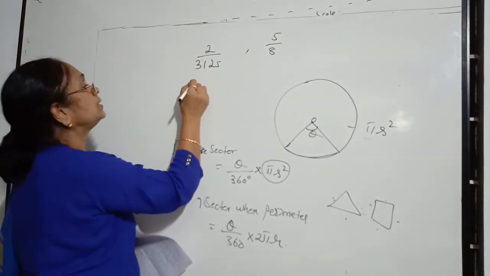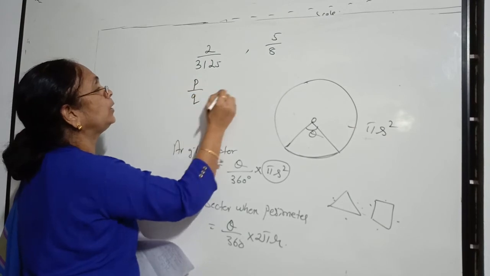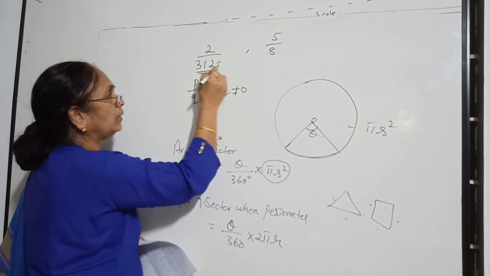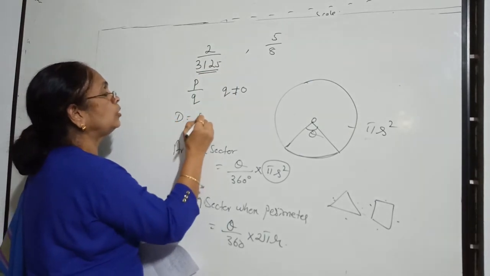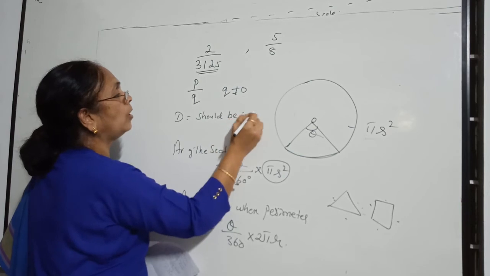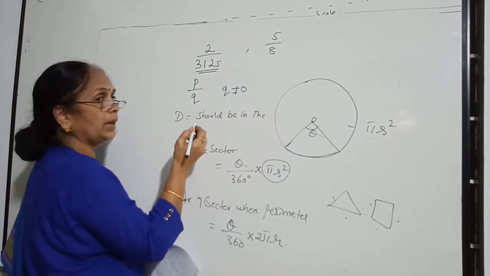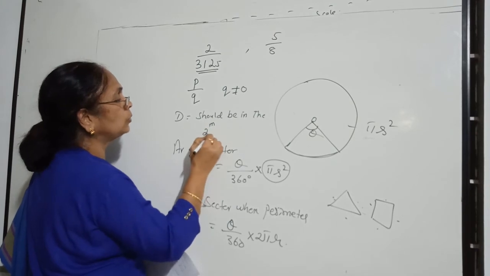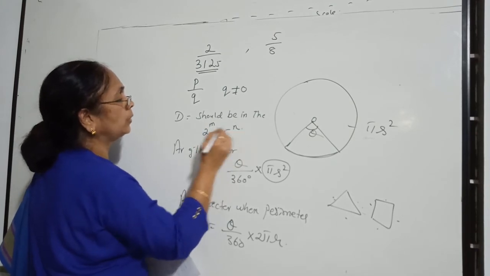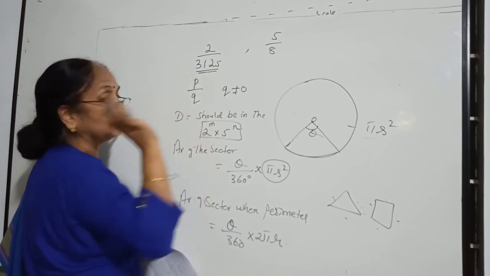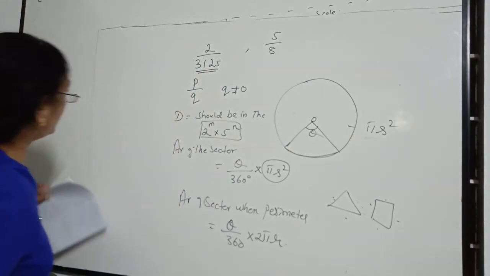You have to convert this. This question is in the form of p by q, where q is not equal to 0. The denominator should be in the form of 2 raised to m into 5 raised to n. What is the meaning of this? Whatever number is given here, it should have only factors 2 and 5. Let us see.